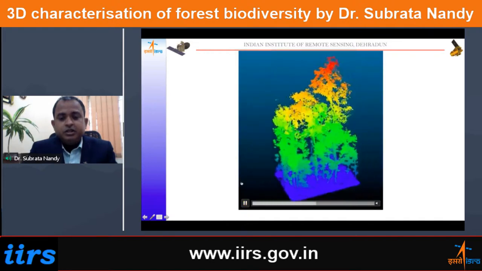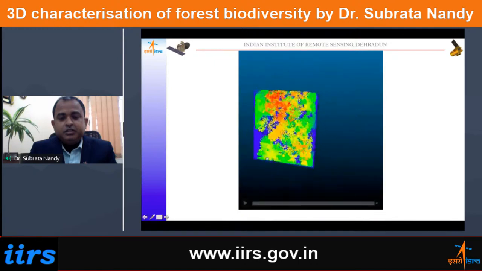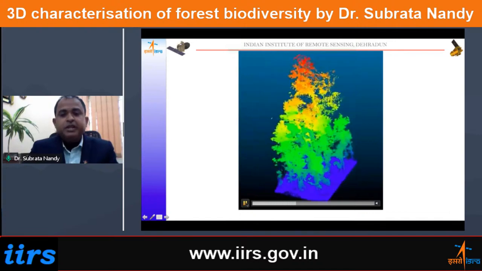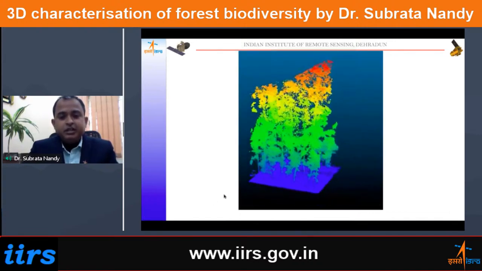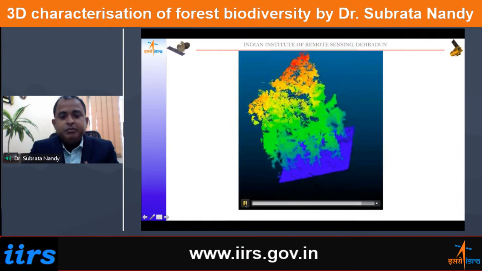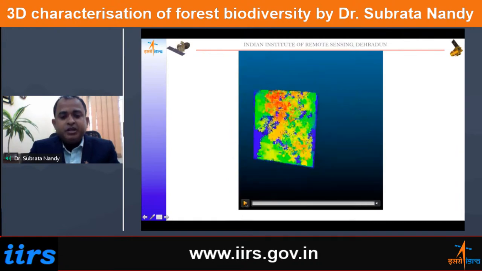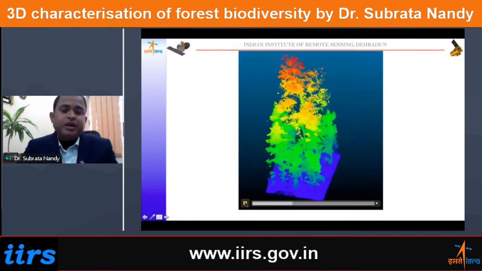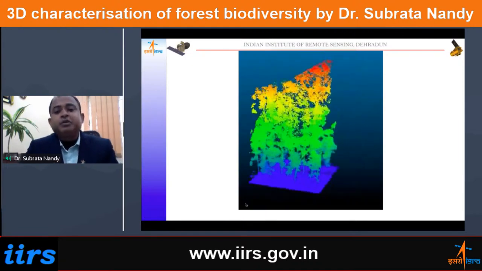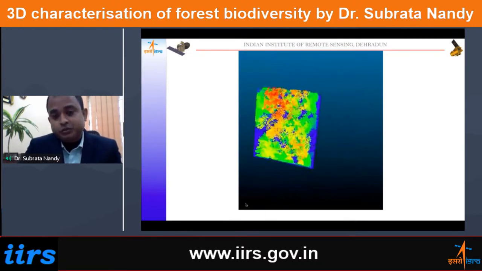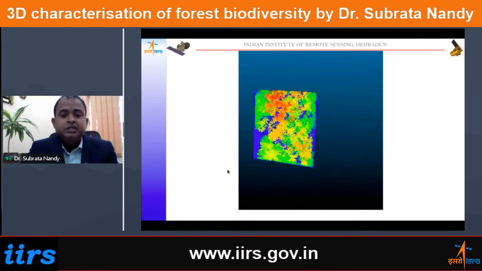So this is a 3D, you can see here. So combining all this, I can get a 3D model of the forest. And now here comes the role of how this information can be utilized for biodiversity assessment, also forest biodiversity assessment.